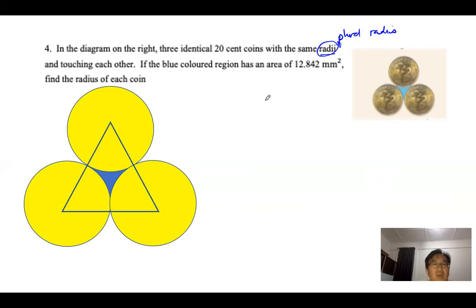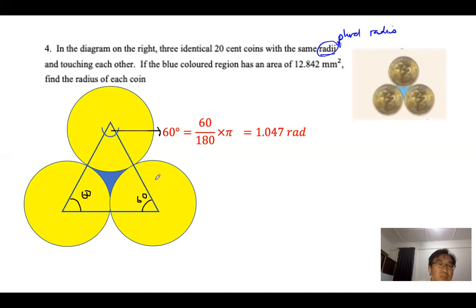Because this area must be covered by an equilateral triangle, because the radius is the same, right? The angle is also the same, so the angle of course is 60 degrees. So 60 you change into radian: 60 divided by 180 times pi. So it's 1.047 radian.